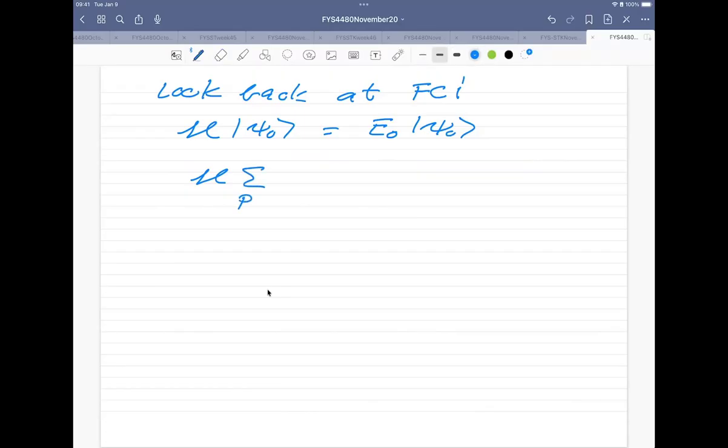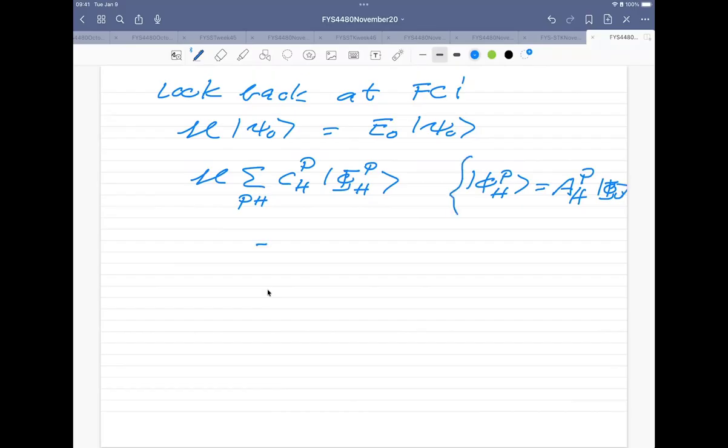So we have this sum over p h, and then we have these coefficients C_h^p. And now I'm just going to put in all the creation and annihilation operators in the state phi_h^p, which is now given by this chain of creation and annihilation operators acting on the reference vacuum state. So let's just put this in a parenthesis, and this is obviously equal to E0 multiplied with the sum over p h of C_h^p phi_h^p.